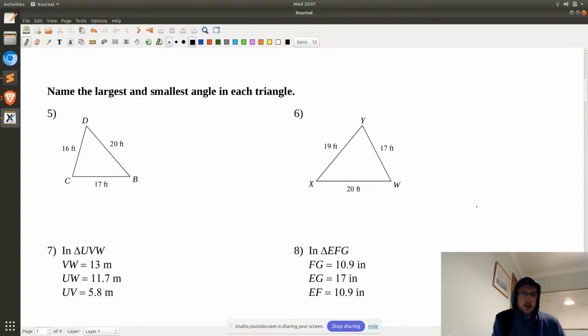Now name the largest and smallest angle in each triangle.